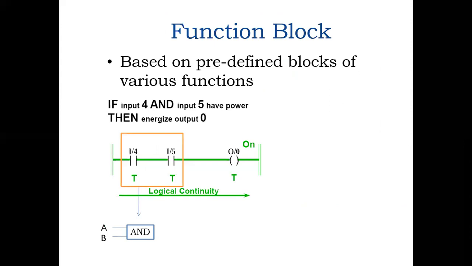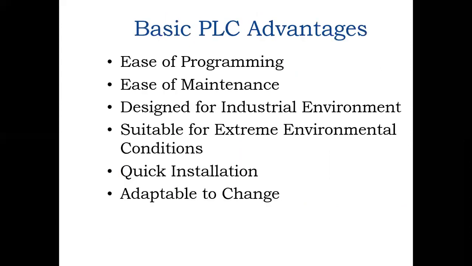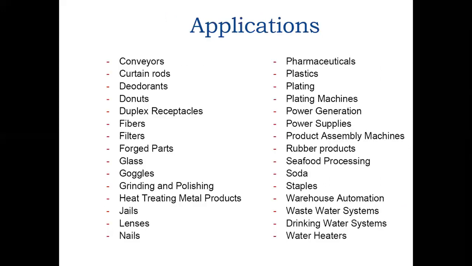This is one functional block, based on predefined blocks of various functions: if input 4 and input 5 have power, then energize output 0. Advantages of PLC: ease of programming and maintenance, designed for industrial environments, suitable for extreme environmental conditions, quick installation, adaptable to change.